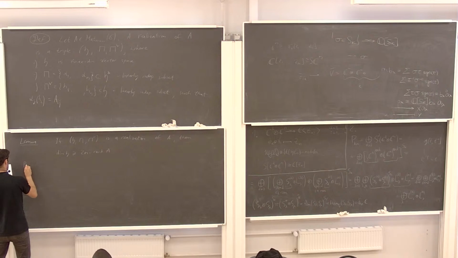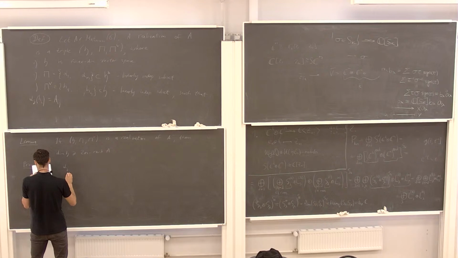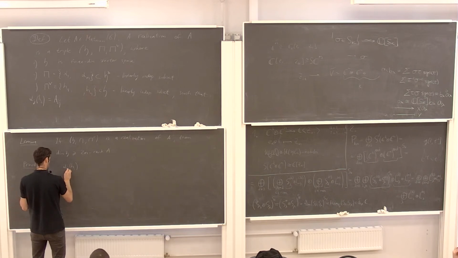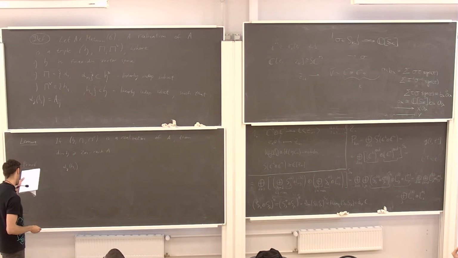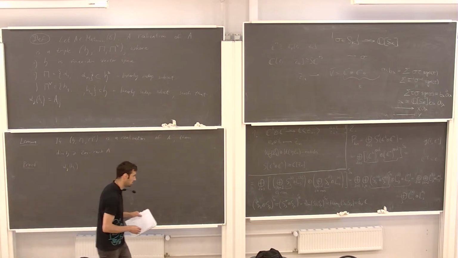So proof. Let me consider the matrix alpha j of h i. So this is an element of my matrix. First of all, I would like to complete. Sorry.